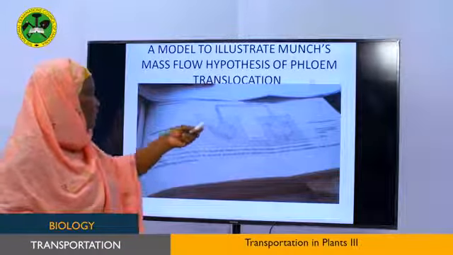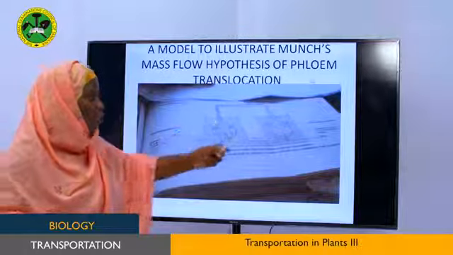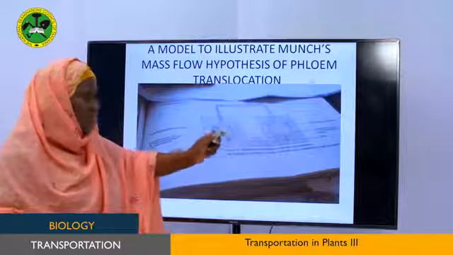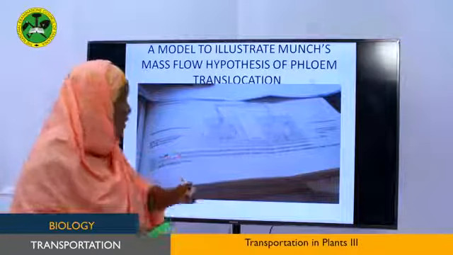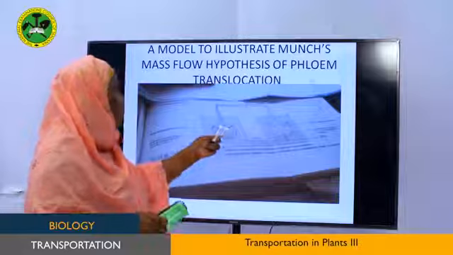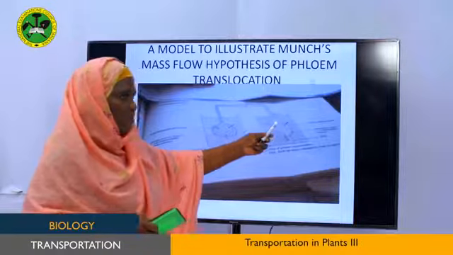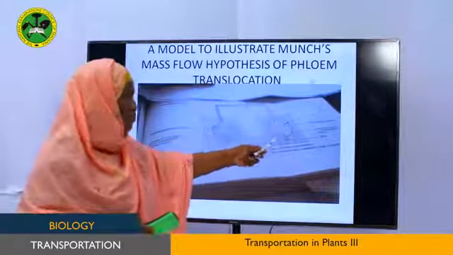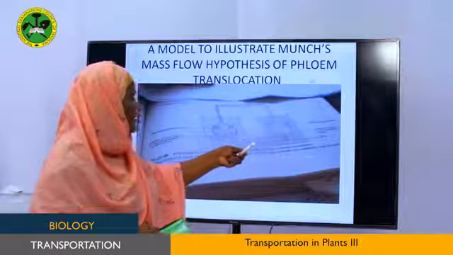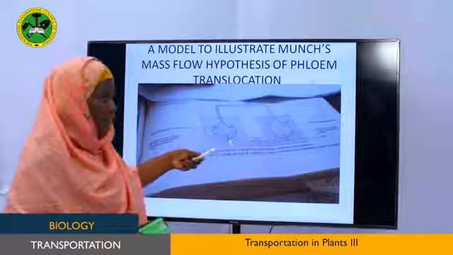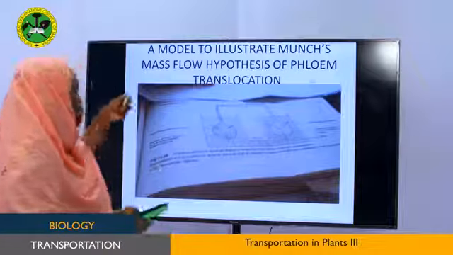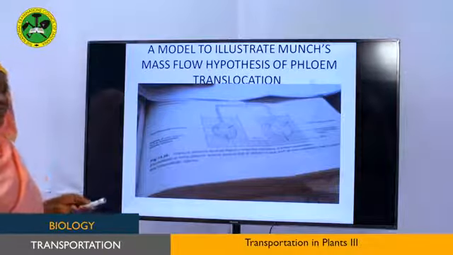It means it is concentrated compared to C. This creates hydrostatic pressure which causes water and minerals to move now from A to C. You see? And this is D. D is composed of water. So this is according to Münch's hypothesis.